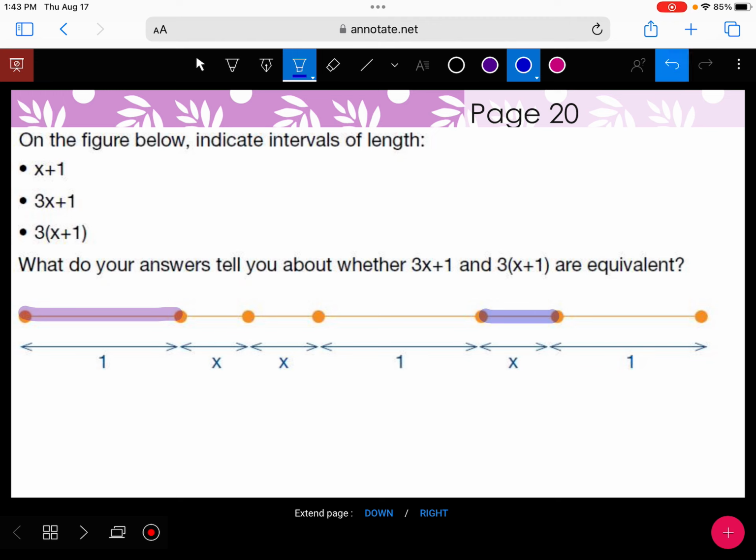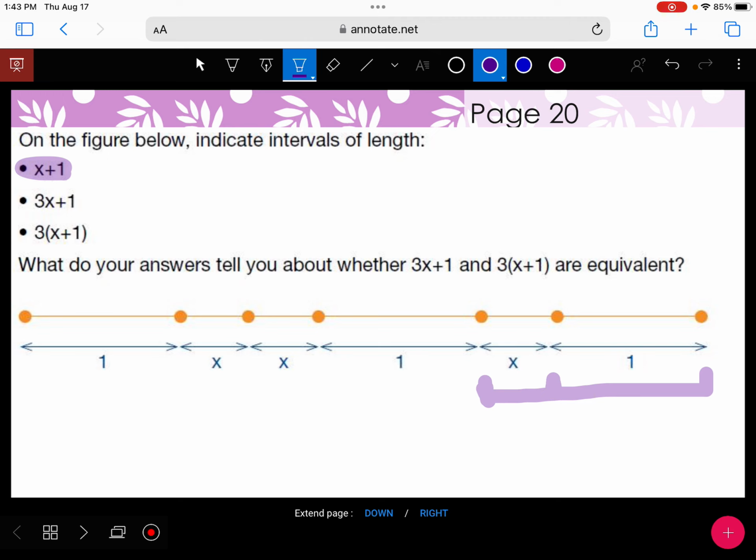So if we're looking to mark out x plus 1, we can find a length of x and a length of 1 and add them together. That would be a mark of x plus 1.